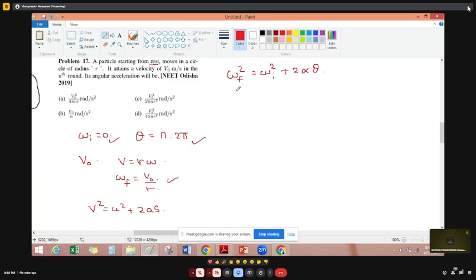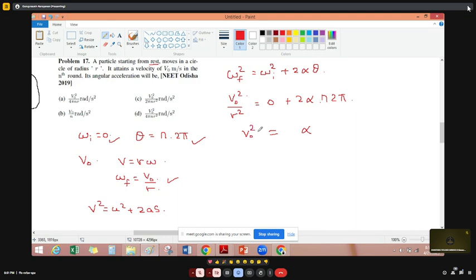Omega F is V naught by R. So V naught square by R square. Omega initial is 0. 2 alpha is what is asked. Angular displacement, very often you will make mistakes here. 1 revolution is 2 pi, n revolutions be n into 2 pi. That means if I want alpha, 4 n pi will come on this side.